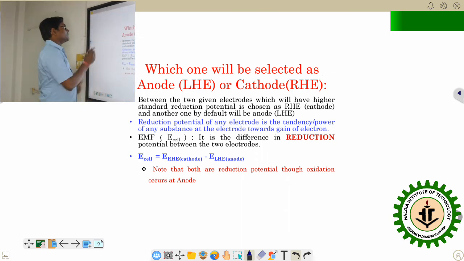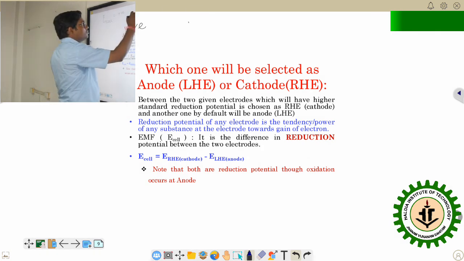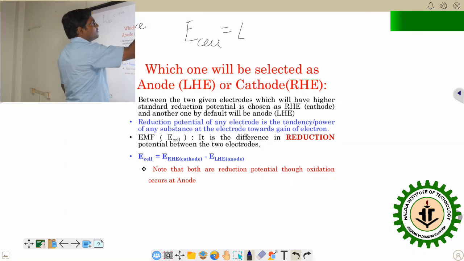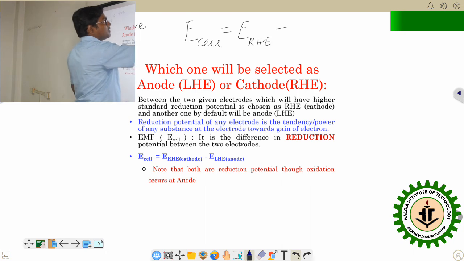If we want to get current, E cell must be positive. And just now we wrote that E cell equals E RH minus E LH, where both terms are reduction potentials.